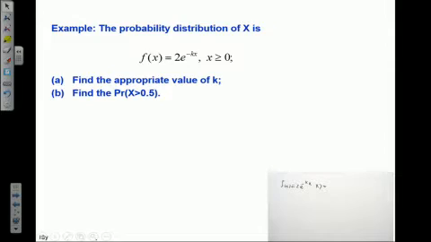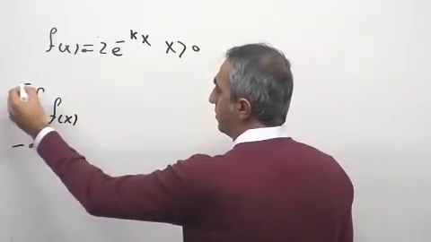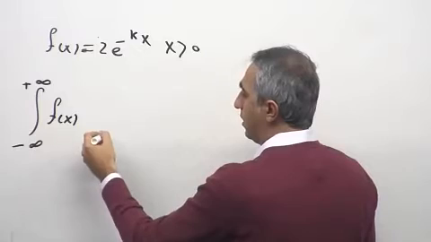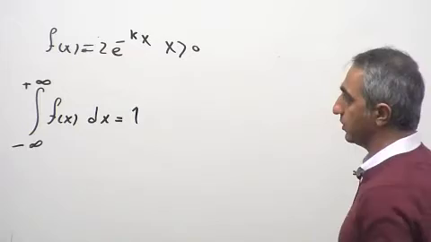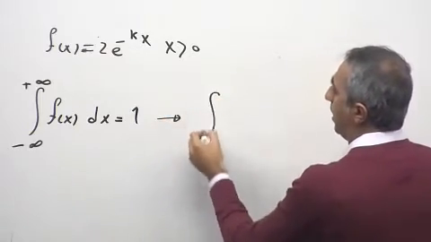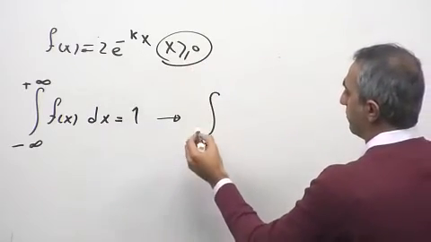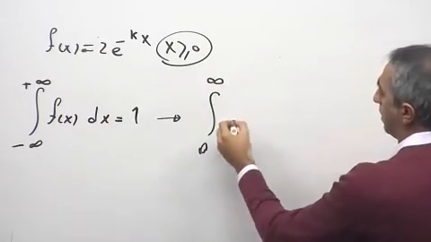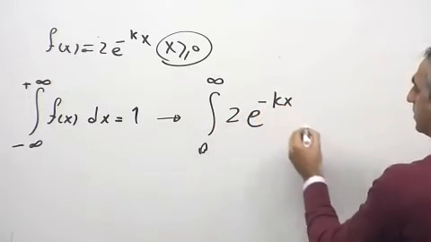Any suggestions? Exactly. So we use the property or definition of the PDF that if you integrate f of x over the whole range, then this integration should be equal to 1. Okay? So in this case, since x is greater than or equal to 0, we start from 0 to infinity of e to the power of minus kx dx.